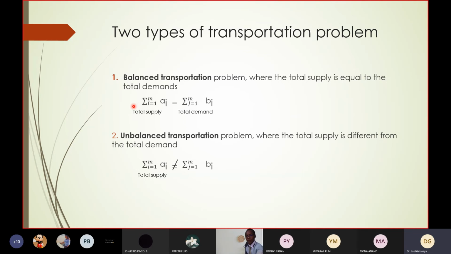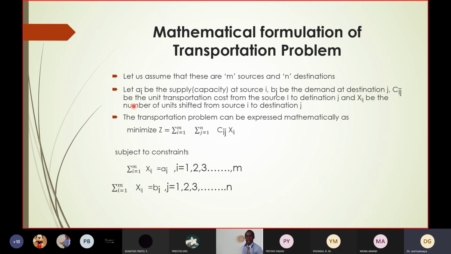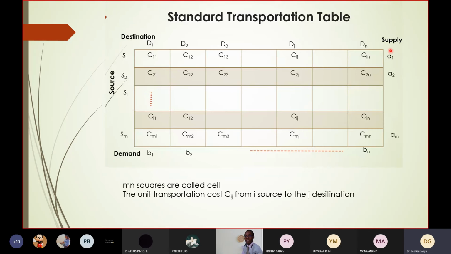Look at this table which we have here. We have the items to be shifted, A1, A2, let's say till A4. We take A1 plus A2 plus A3 plus A4 and get the value. Again, we take the demands B1, B2, B3, B4.